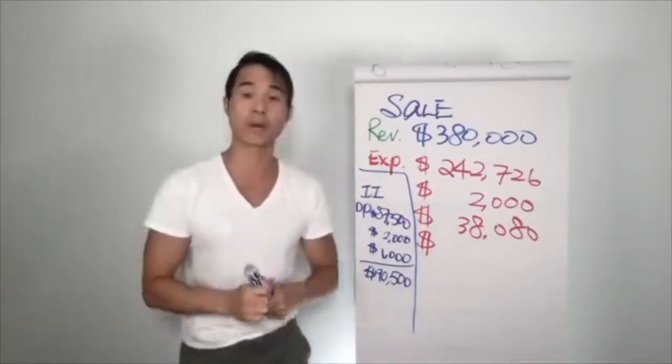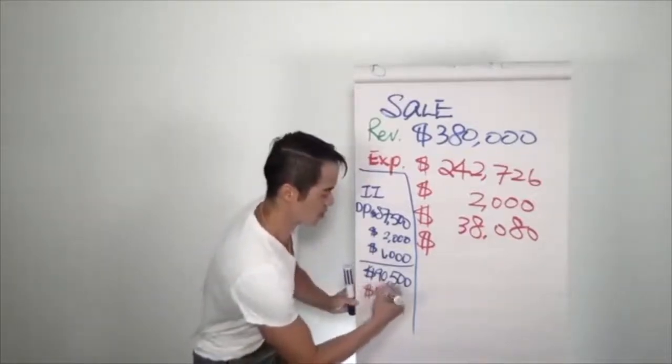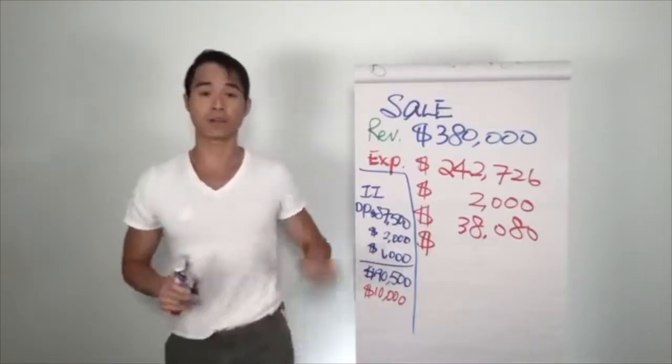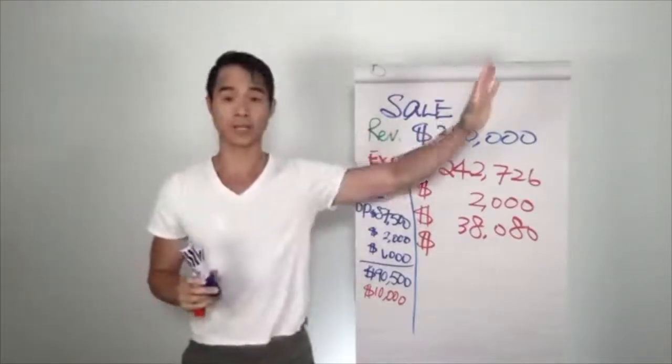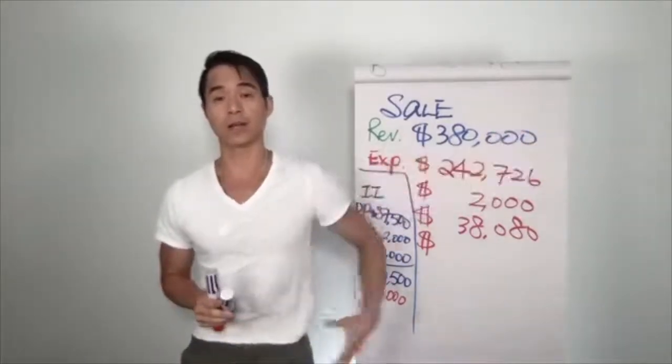However, let's not forget about the fact that our tenant buyers came with $10,000. So think of it this way. $90,500 is money going out of your pocket, and on the other hand, you have $10,000 coming back in.